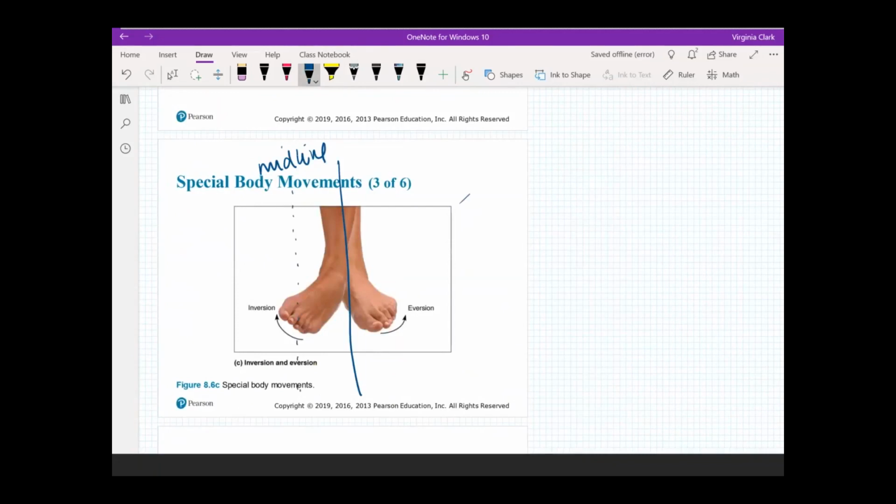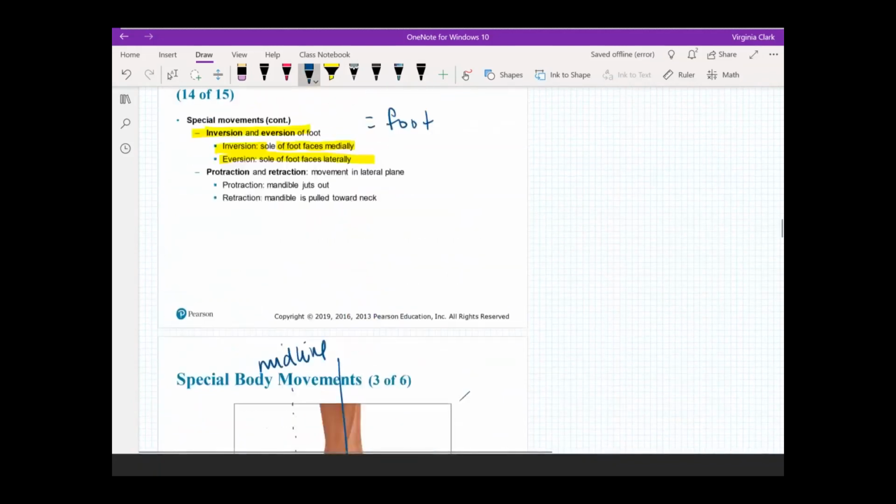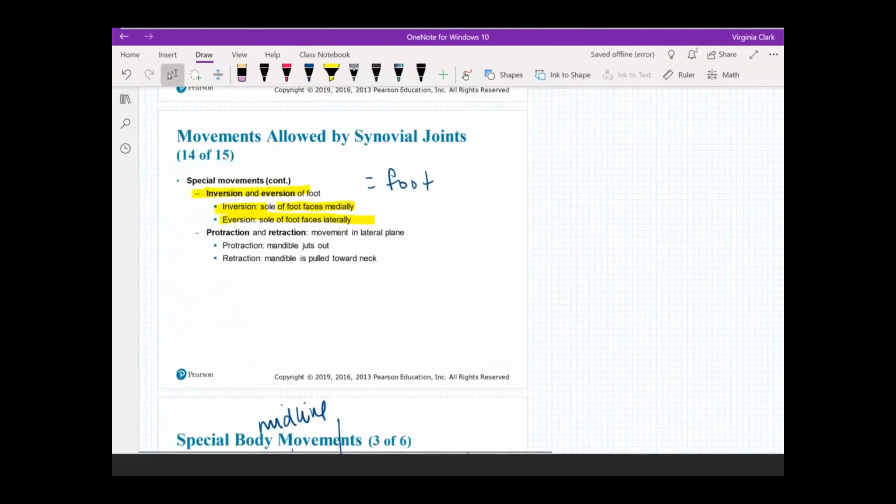And I can tell that because here's my big toe. So if you go towards the midline of the body, inversion. If you go away from it, eversion. So you'll notice that all of these have an opposite kind of movement. Okay, and then protraction and retraction are specifically going to be seen in the mandible is the biggest one. Protraction is when the mandible, the bottom part of your jaw, you stick out.